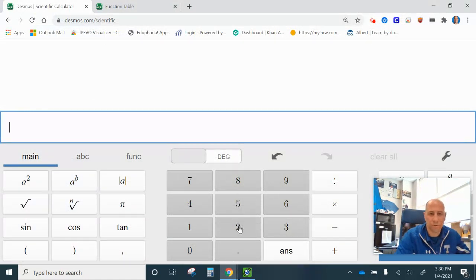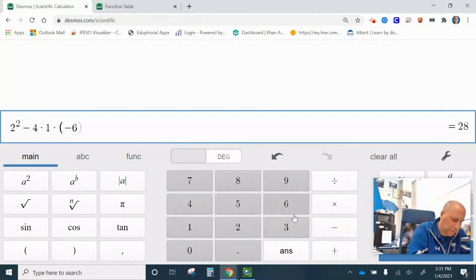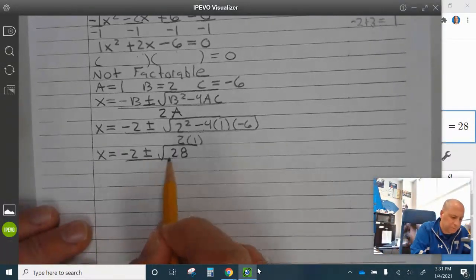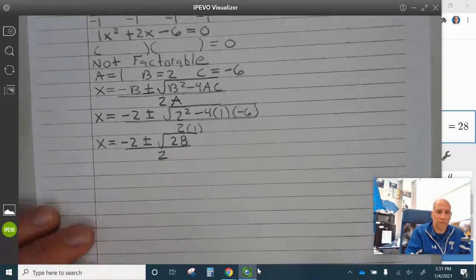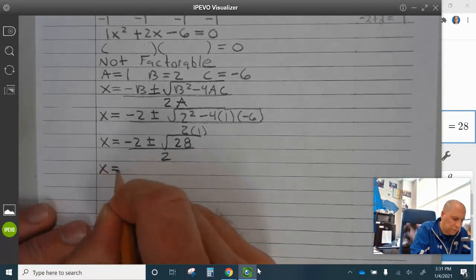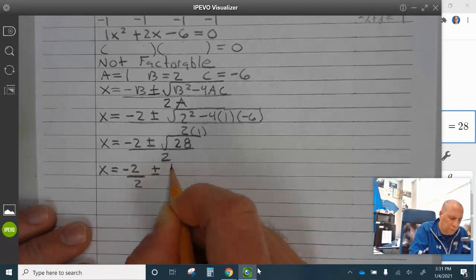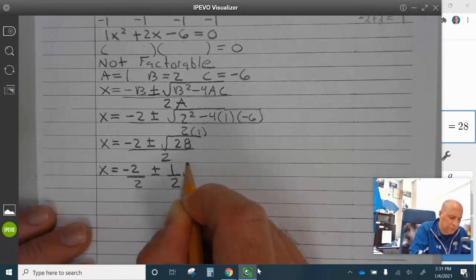So 2 squared minus 4 times 1 times negative 6, which is 28, divided by 2. So we have x equals negative 2 divided by 2 plus or minus 1 divided by 2 times the square root.